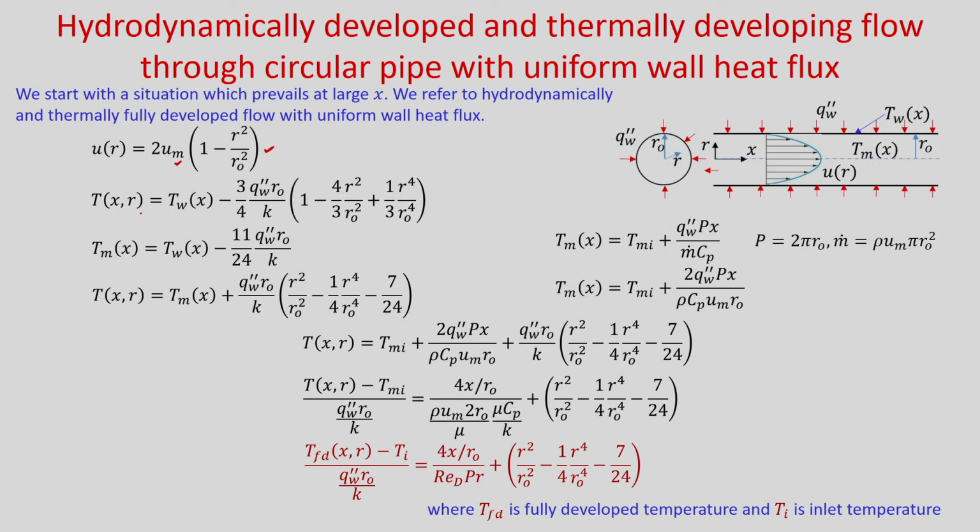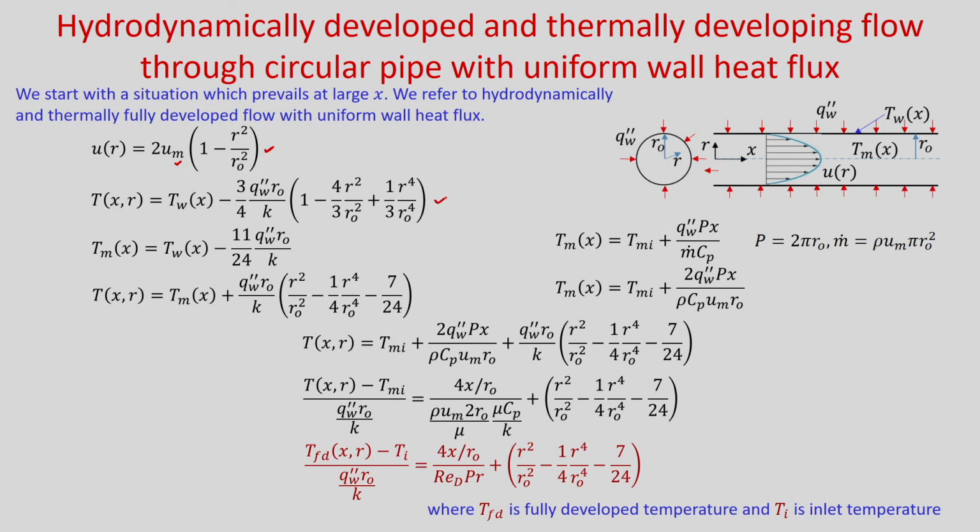The fully developed temperature profile T(x,r) is equal to Tw minus 3/4 q''w r0 by k times 1 minus 4r² by 3r0² plus r⁴ divided by 3r0⁴.